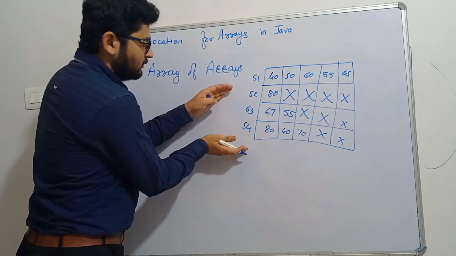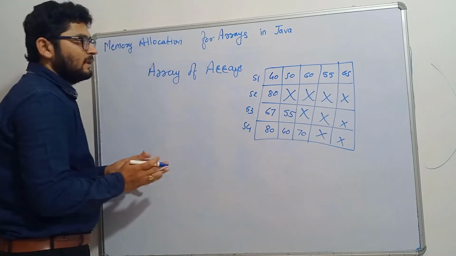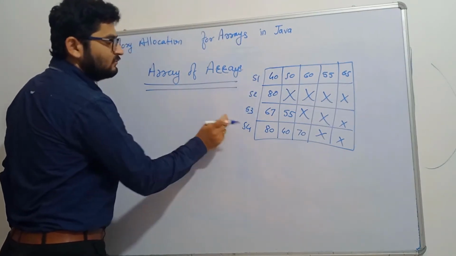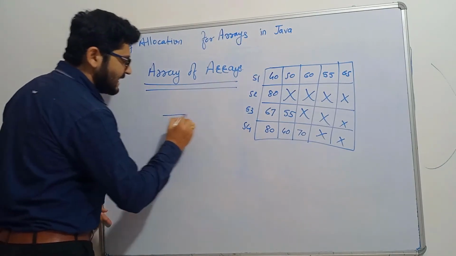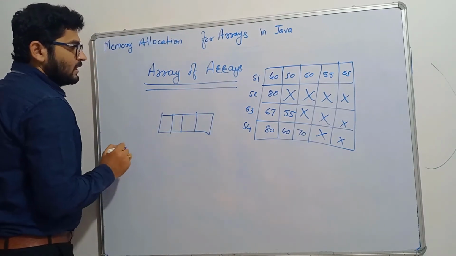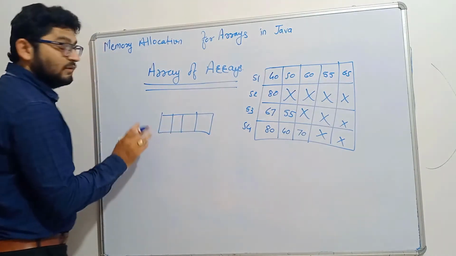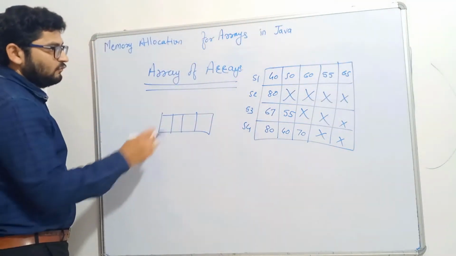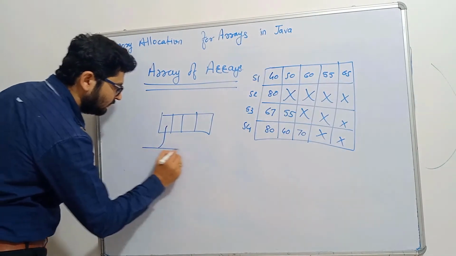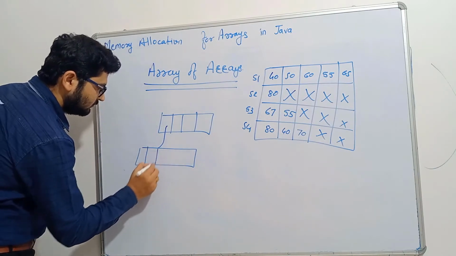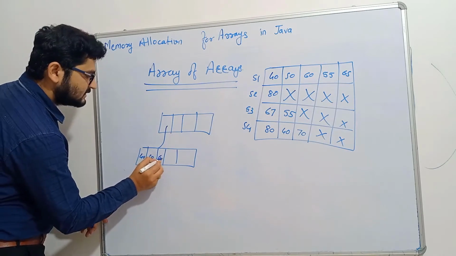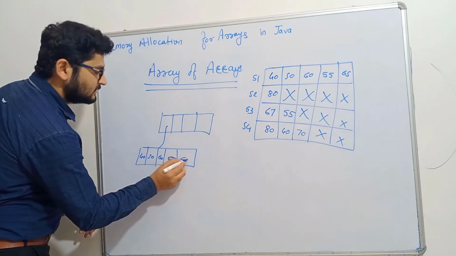Now let us store this complete table with the help of this approach. For how many students do I have to store marks? For 4 students. So the base array will be of size 4. Now each of these elements will itself be an array. For the first student I have to store 5 marks, so this would be an array of 5, and here I am going to store 40, 50, 60, 55 and 65.